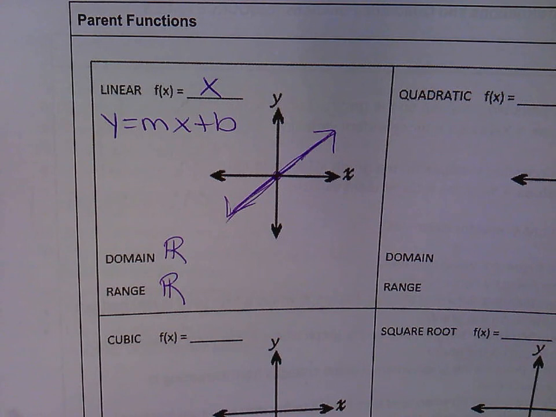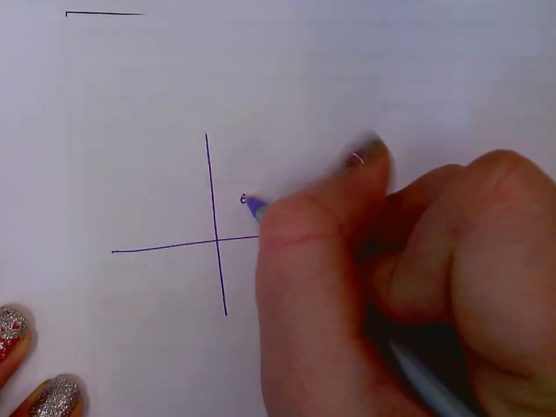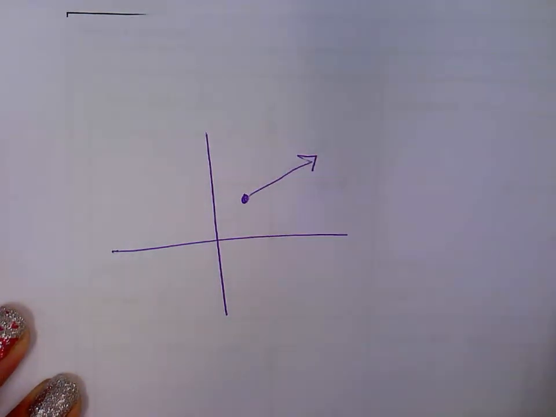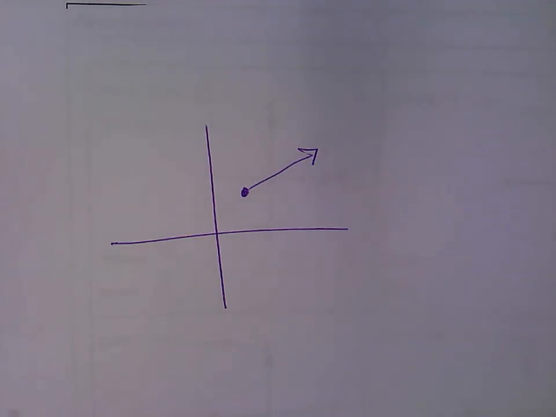Let me show you one exception. Does anybody know from geometry what that is called? You don't have to write this down. That's not a line. That's a ray. Does a ray go forever in both directions? No. So its domain is not going to be all real numbers.